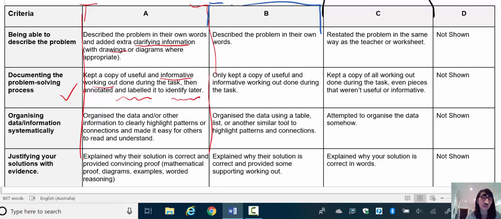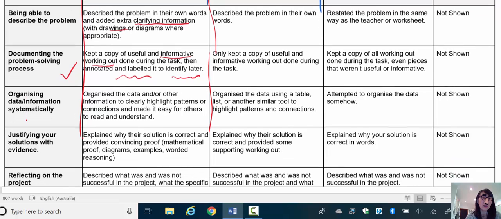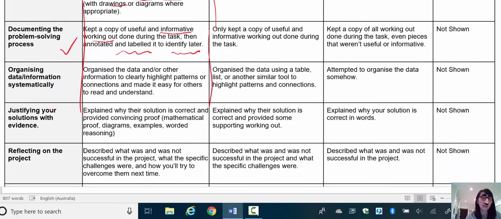Then the next criterion is organizing data or information systematically. This criterion is more related to the results and the way you organize the data. Results, I mean in the results section of your report.